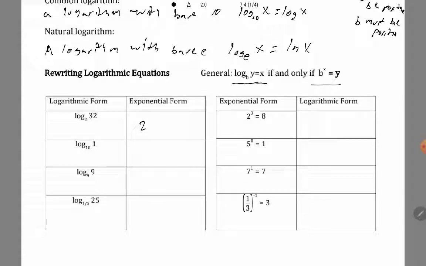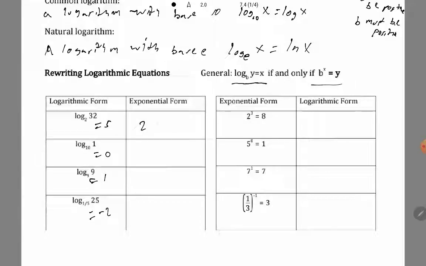Okay. So if I punch these into my calculator, I got equals 5 here, equals 0, equals 1, equals negative 2. Okay. So I'm going to follow this formula here.